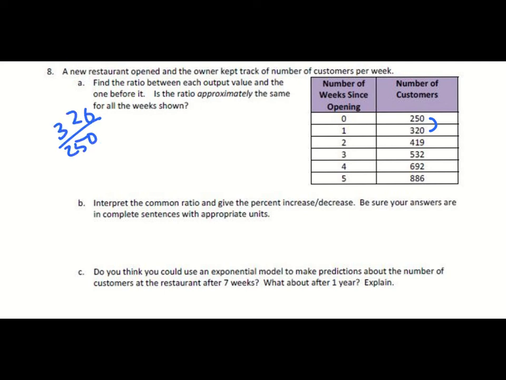Let me not do it sideways. Let's try this again. 320 over 250 is going to give me about 1.28.